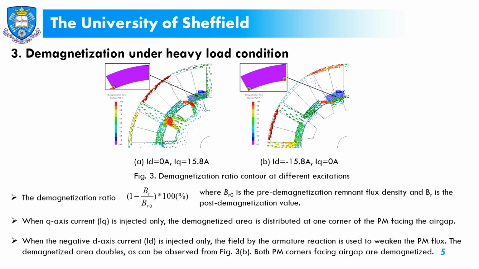When pure ID is injected, the field by the armature reaction is used to weaken the PM flux, and the demagnetized area doubles. From Figure 3b, we can see both PM corners facing the air gap are demagnetized.